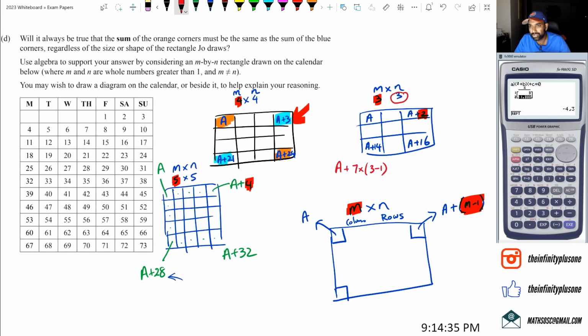If it has 2 rows, you're increasing by one 7, right? So if you expand this, we get A plus 7 times 2, which gives A plus 14, and the same thing here. Here we get A plus 7 times 4 minus 1, which is 21, and here we get A plus 7 times 5 minus 1. So if I go to this corner here, I get A plus 7 times n minus 1.